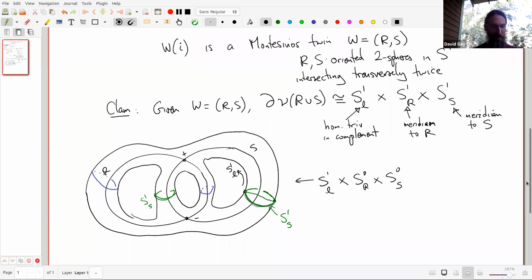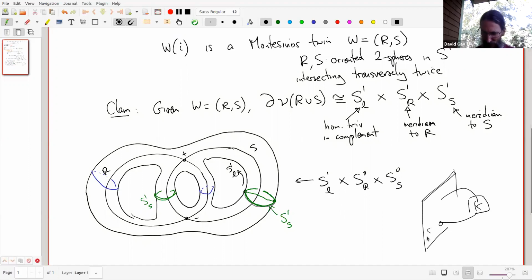Another good prototype example to have in mind is what you get when you spin a knot. Spinning a knot in 4 dimensions means you take a knotted arc in 3 dimensions, in a half space, with its endpoints on the half plane.